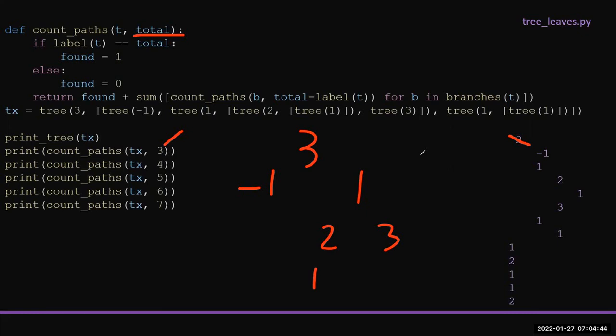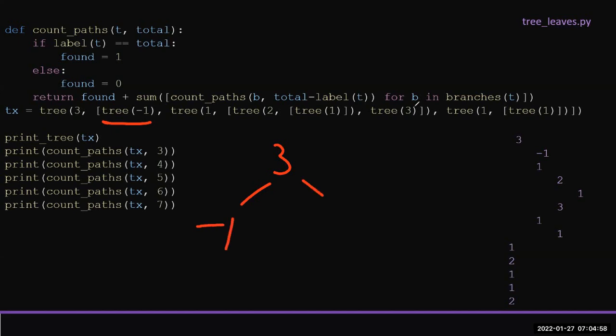Let me see. Let's try one more time. So here at your top level you have a 3, and under it you have, this is 1 tree, so that's a -1 over here. You have another one that is 1, and another one that is a 1 over here.